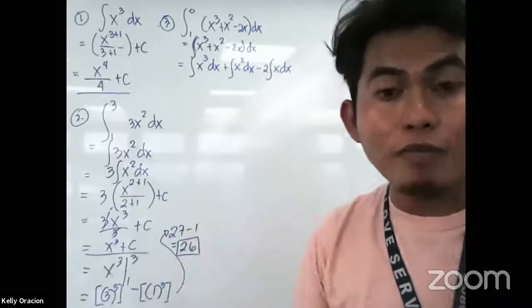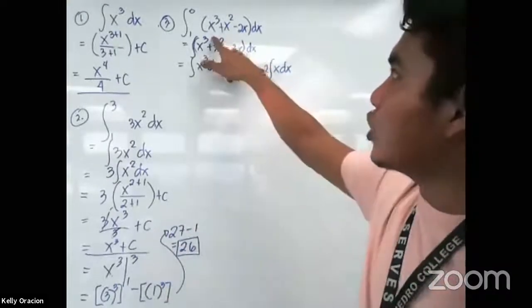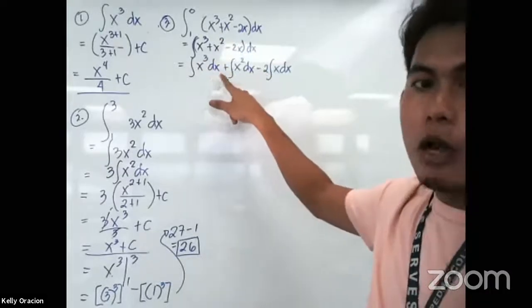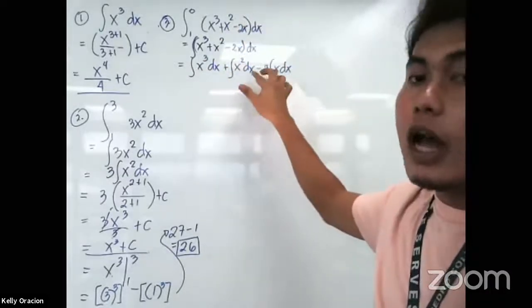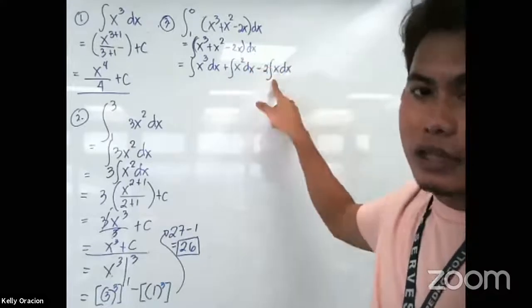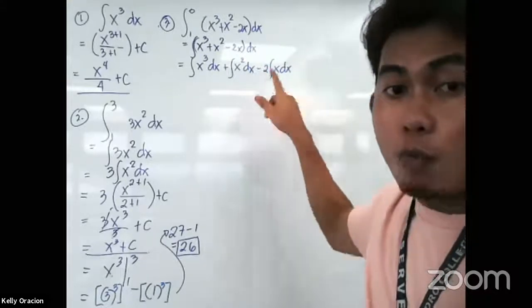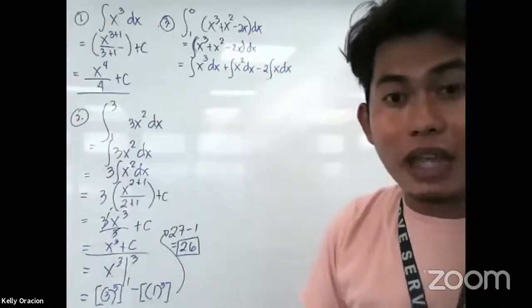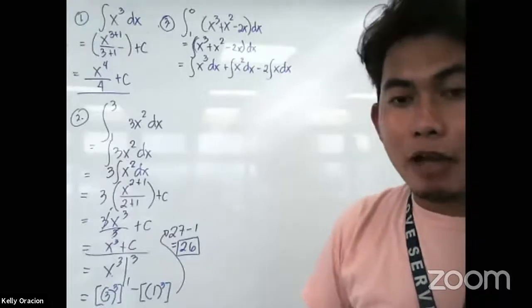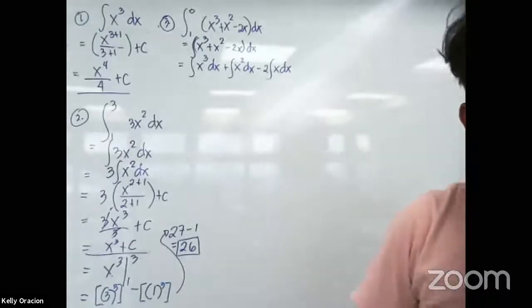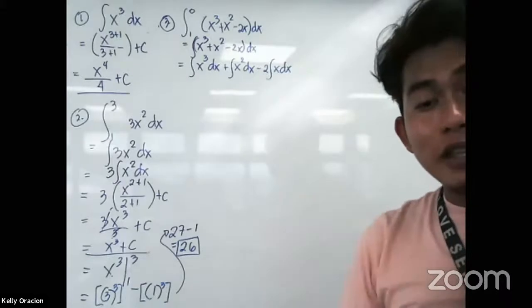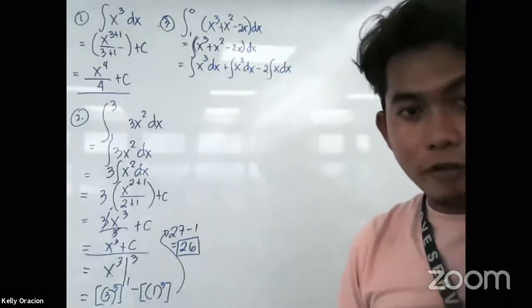Parehas, x cubed dx, plus x squared dx, then minus, then the 2x. Ilalabas ko ang 2 because 2 is a constant. Yan yung sinabi ko last time, na pag may constant, always siya ilabas. So, i-separate mo siya term by term.